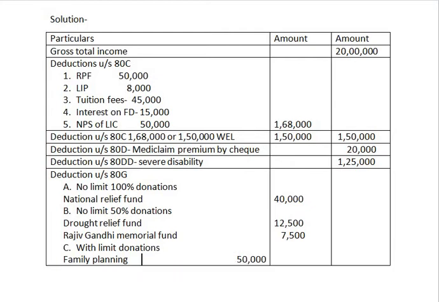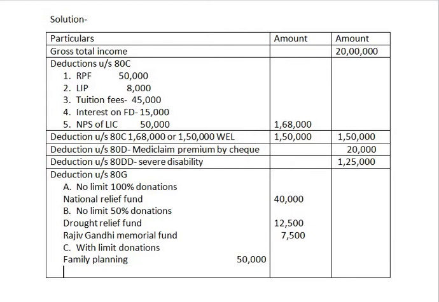Then coming to the next one, it is for an approved charitable institution. The amount contributed for the approved charitable institution is 25,000 rupees.